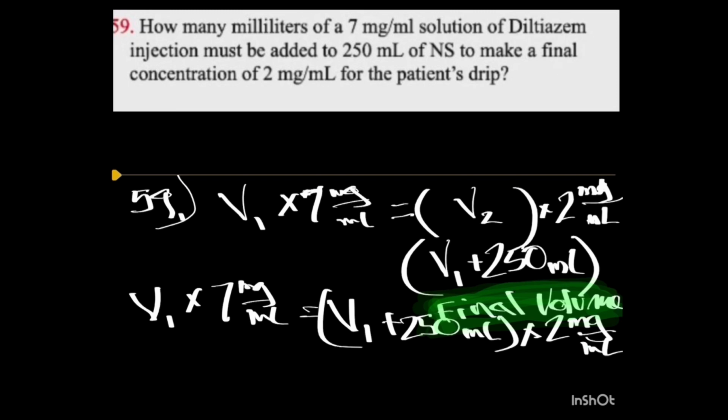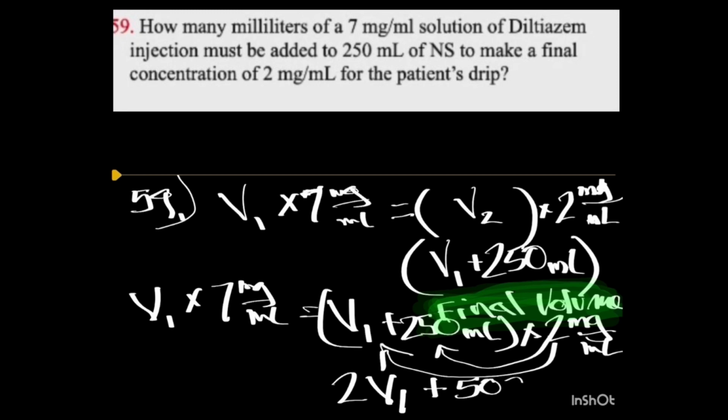Okay, so it just means we have to do a little algebra now. So I am going to distribute this the way we did back in elementary school. 2 times V1 plus 2 times 250 mLs is going to get us 500. On the other side, I still have my V1 times 7.